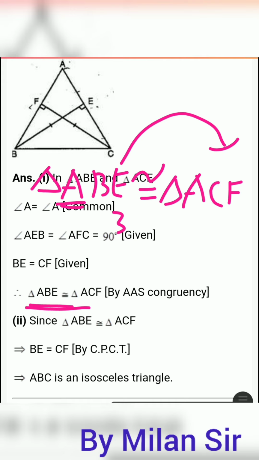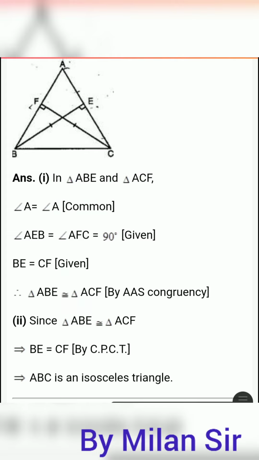C is remaining, so ACF. Now check the third thing, BE is equal to CF: second and third positions match, so it is okay. So triangle ABE is congruent to triangle ACF, and the reason is the angle angle side congruency criteria.